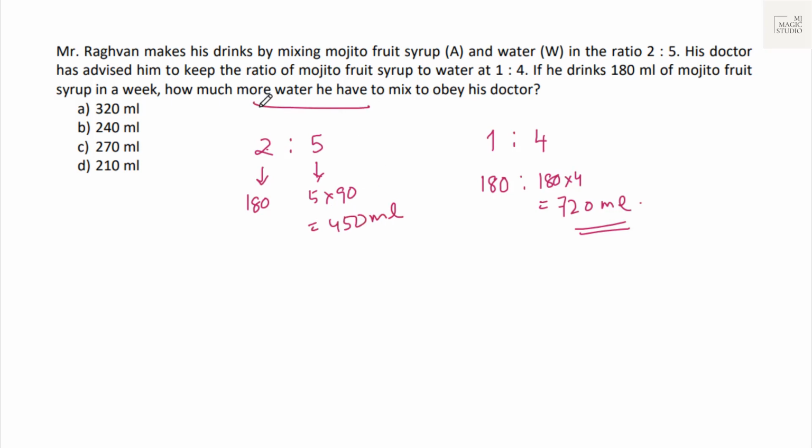So how much more water he has to mix is the difference between these two. 720 minus 450 is 270. He should drink 270 ml more water to have the ratio of syrup and water right in his stomach, isn't it? Option C is the pick.